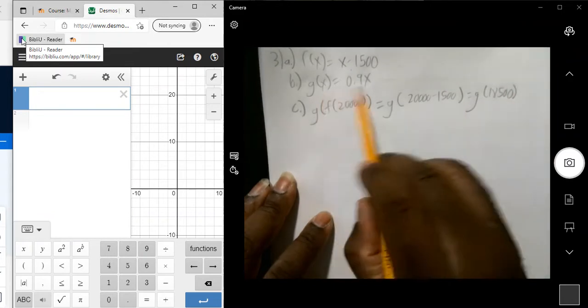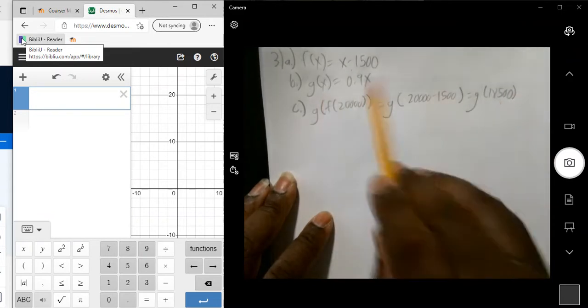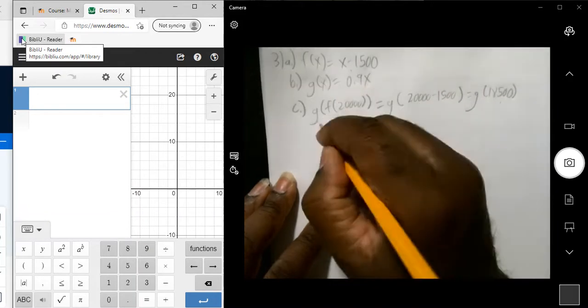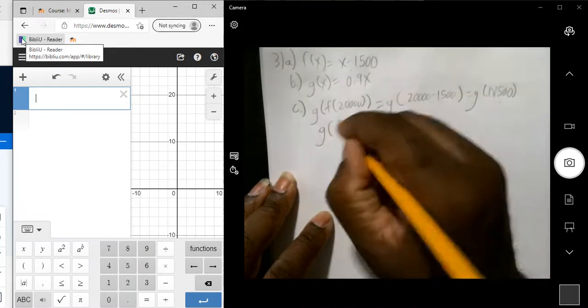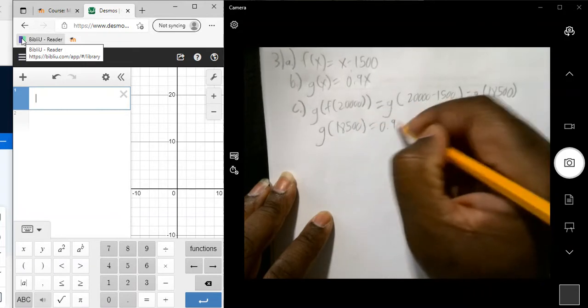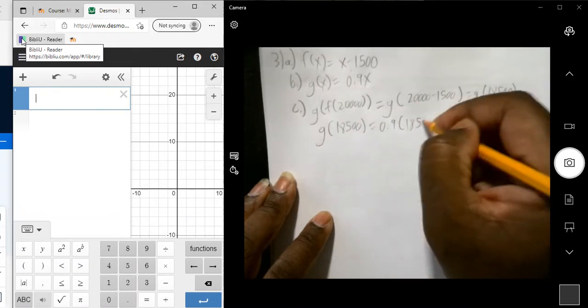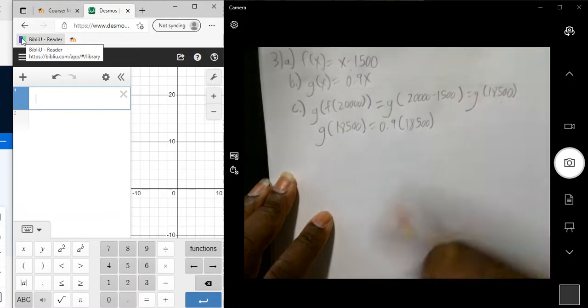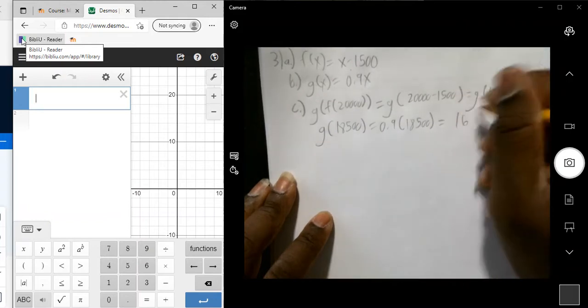Now we know the g formula, this value here will go in where the x's are. So we have g of 18,500 is equal to 0.9 times 18,500. And when you multiply that out, that'll give you 16,650.